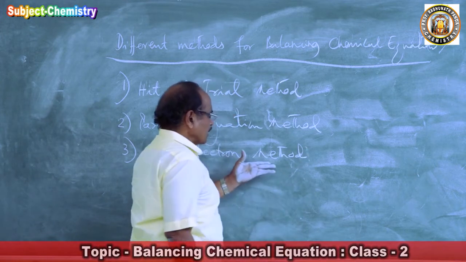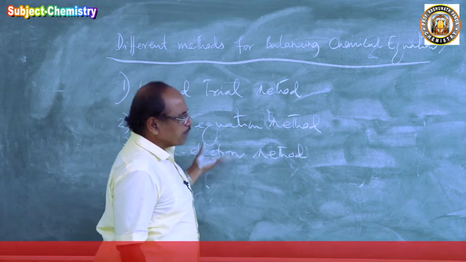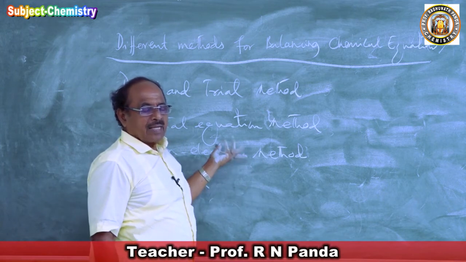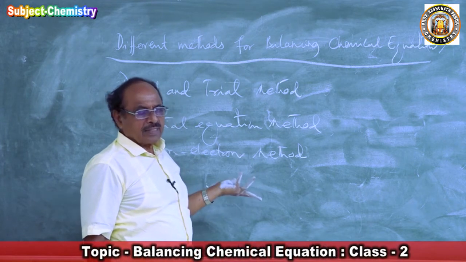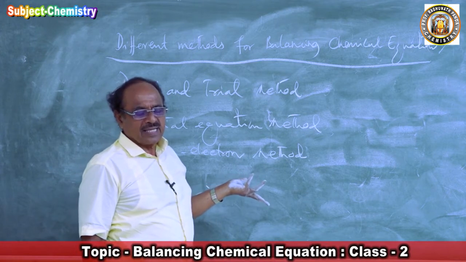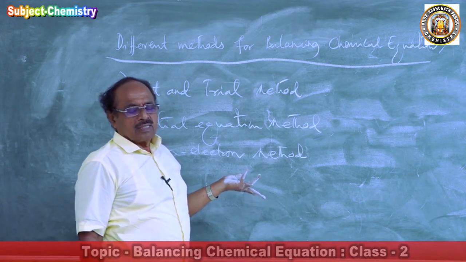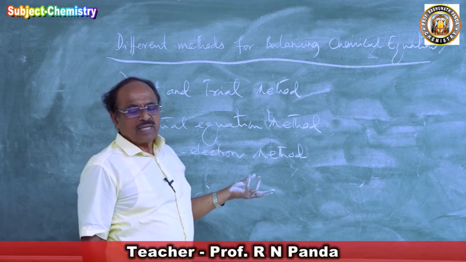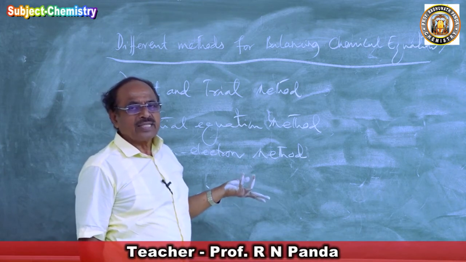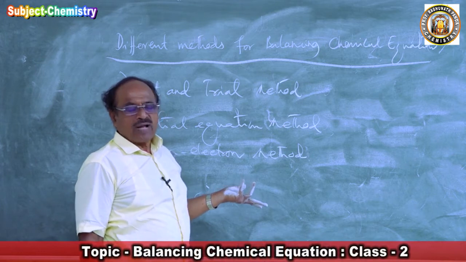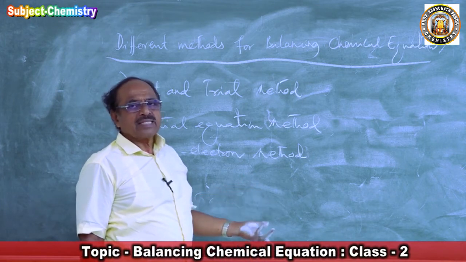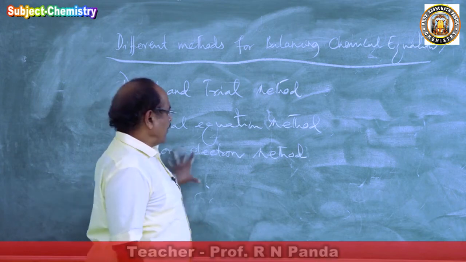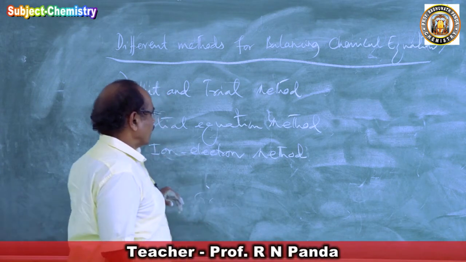Here you represent the chemical equation in ionic form. And what is an ion? When an atom loses or gains an electron, an ion is formed. So we find out the number of electrons lost or gained during the chemical reaction, and by balancing the electrons, we can balance the equations. That is called the ion electron method.